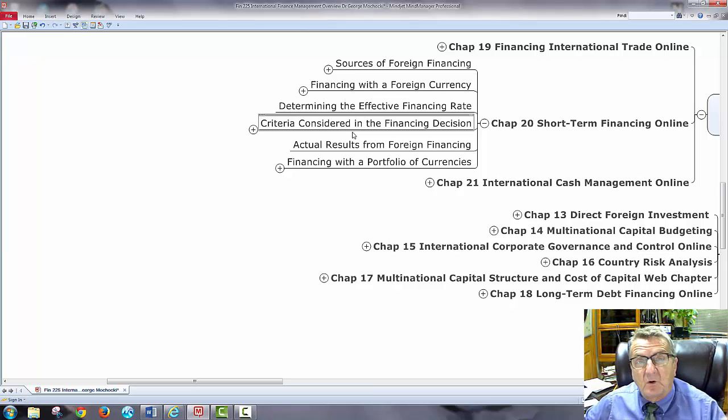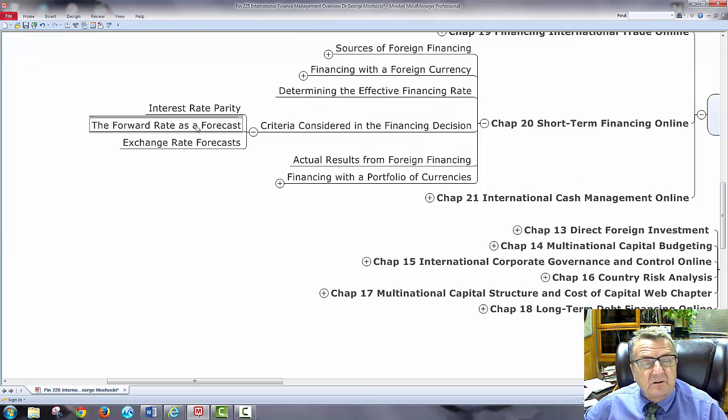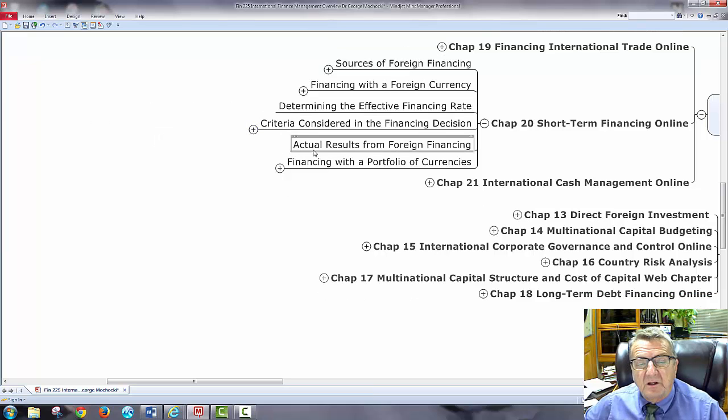I'm going to get in there as I grow. My operation is growing. It makes sense. I'm close to Mexico, I'm close to Canada, or I have friends in the European Union. I could already make connections at the college, and I'm trying to sell or buy there. Okay, criteria considered in financing decisions: interest rate parity, the forward rate as a forecast of the exchange rate, and we'll talk about that.